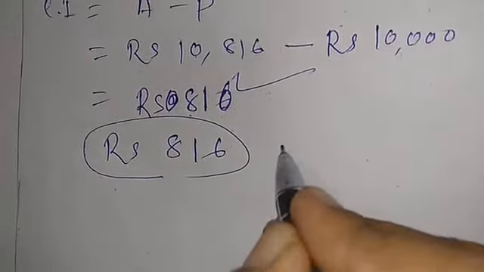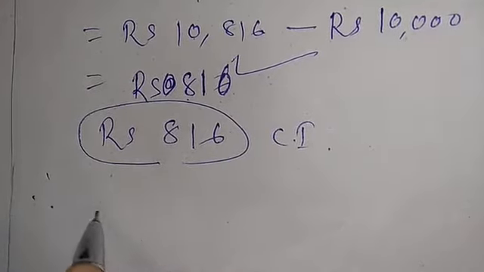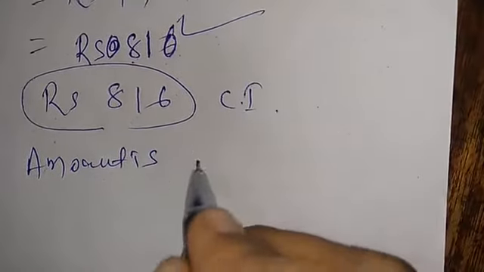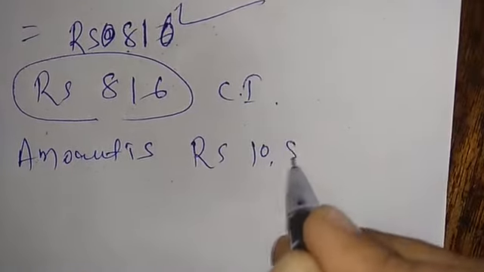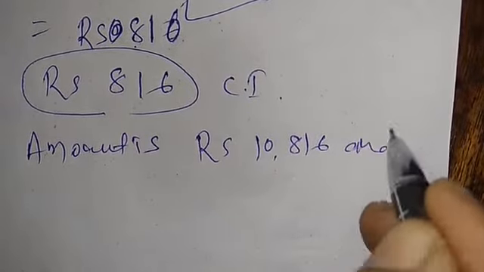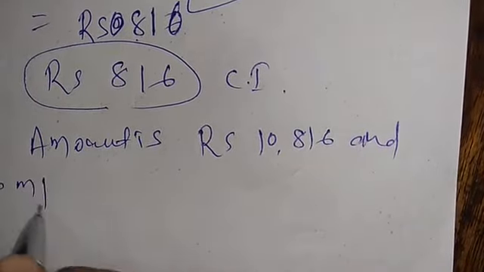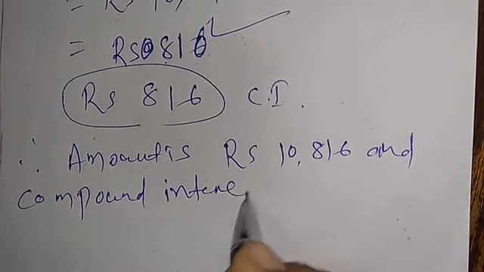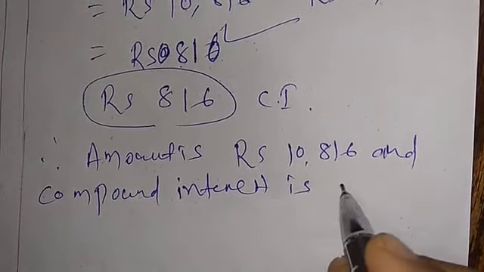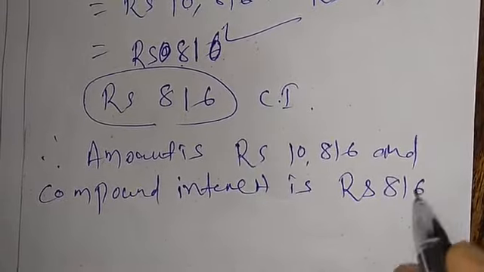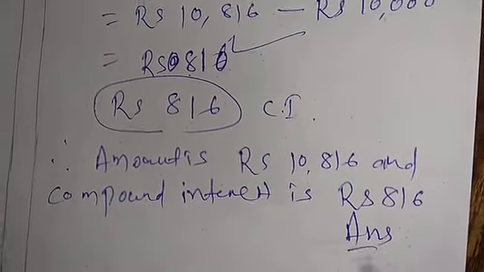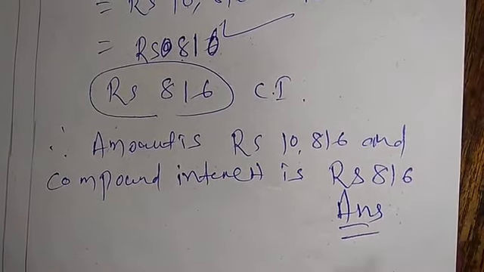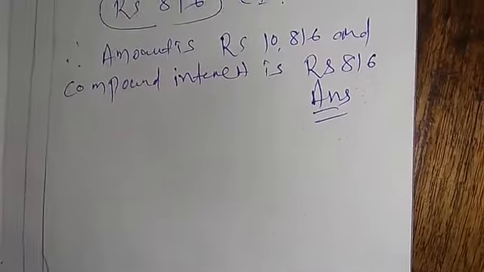This one is the compound interest. So hence amount is 10,816 and compound interest is 816 rupees. Okay, so number 1 is finished. Next we proceed to number 2. Okay students, thank you students.